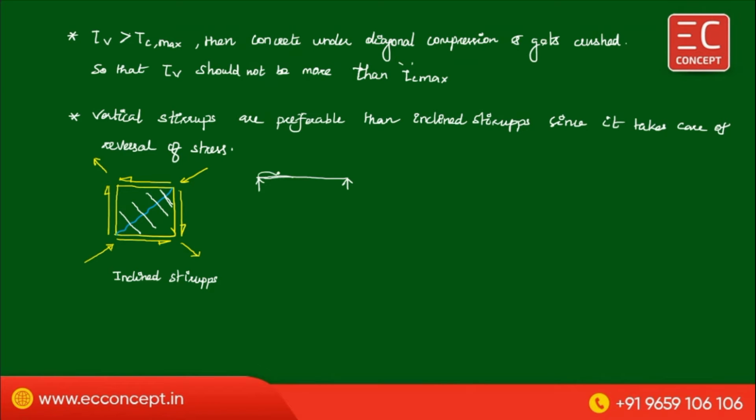This is the beam which was subjected to UDL. Therefore, this is the shear stress. This is the bending. Let us take this as negative, this as positive. For negative shear force, this is the direction of the shear.